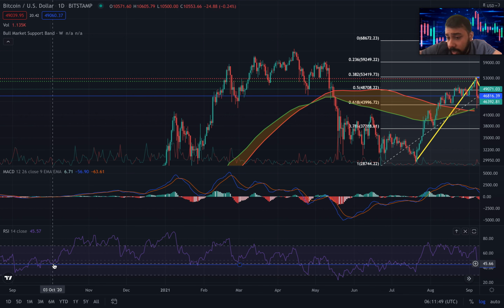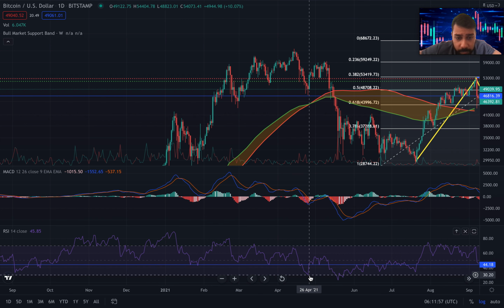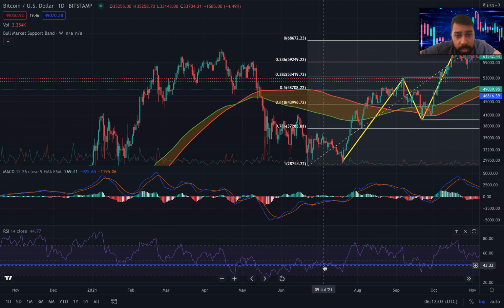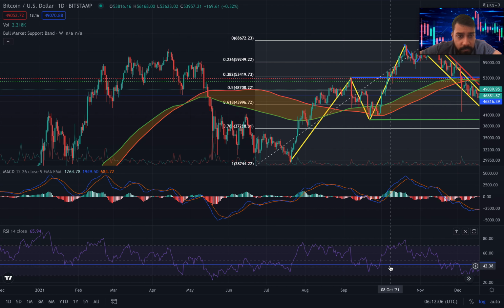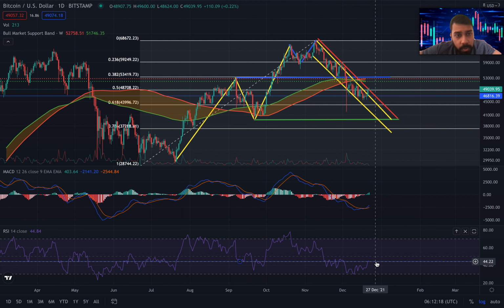We held it in October 2020, we held it again in January, and we have been holding it ever since, except here, and then we held it again until our mini bear market started, and after that our crash. We held it here as well just before our next leg up in September. So what we want to be seeing is start holding this as support while accumulating a bit during our 48,500, 48,800 to 49,500. From there we take out 53,000.